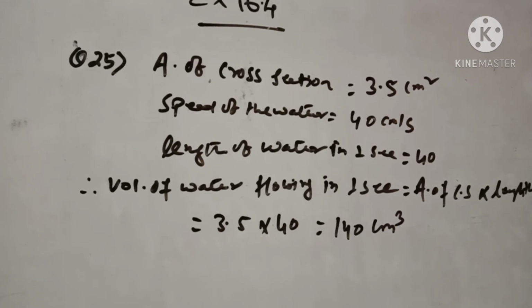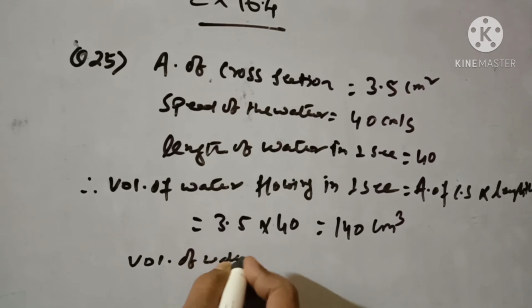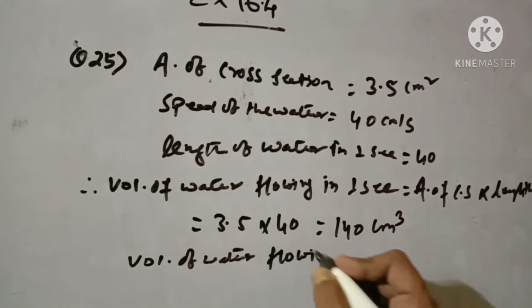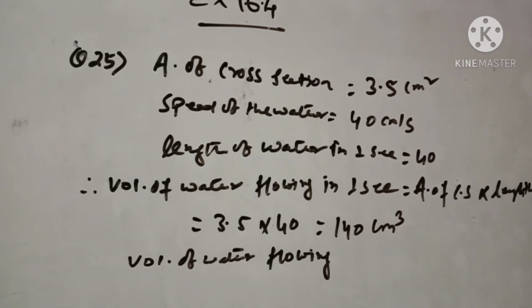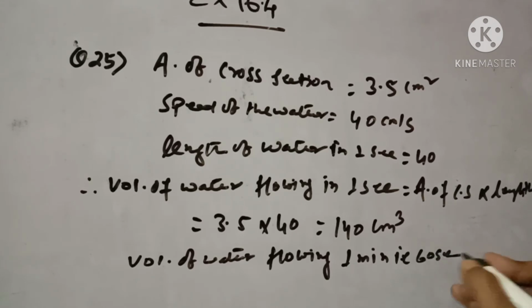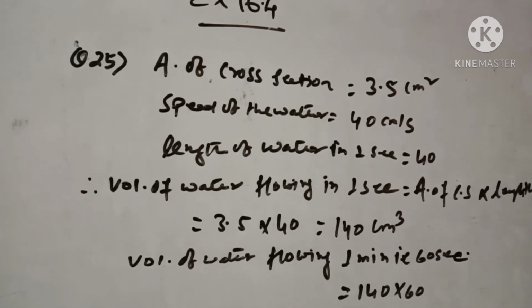So volume of water flowing in 1 minute, that is 60 seconds, means 140 into 60 cubic centimeter.